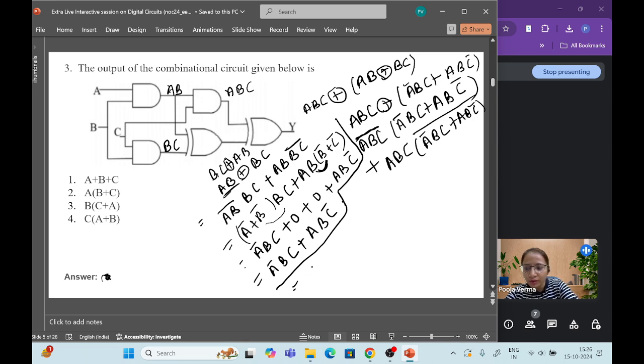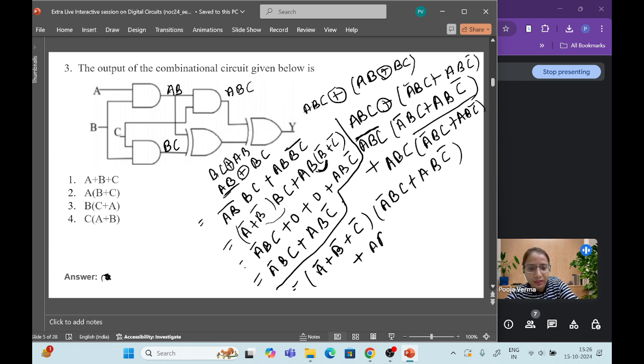So if we further expand it, it will be A dash plus B dash plus C dash, right? And this part, A dash BC plus ABC dash.